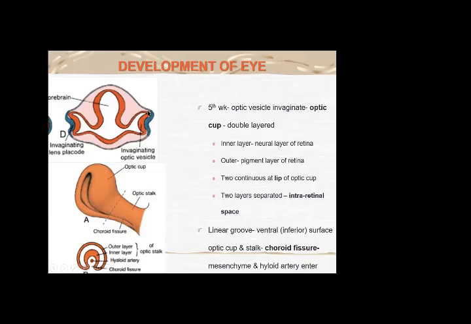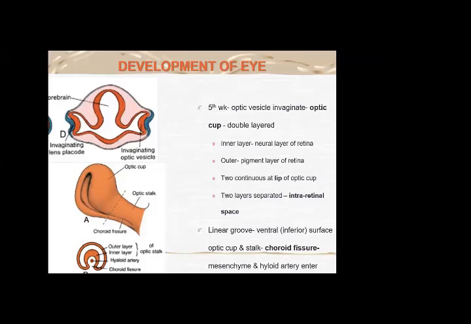So at the lip of the optic cup, the outer layer continues as the inner layer. The two layers are separated by a space, the intraretinal space. Please also note that this space is continuous with the space inside the forebrain.